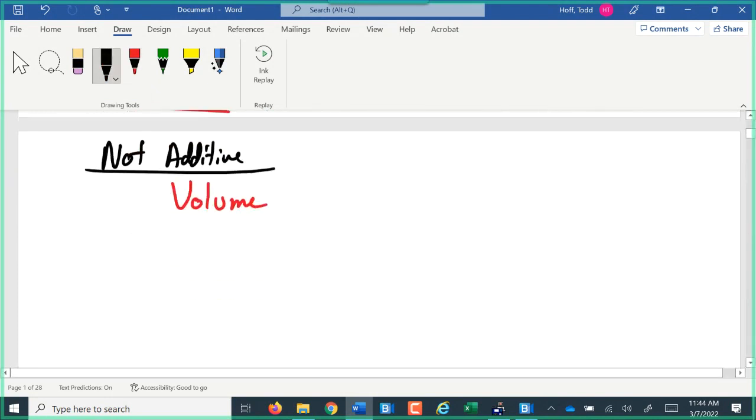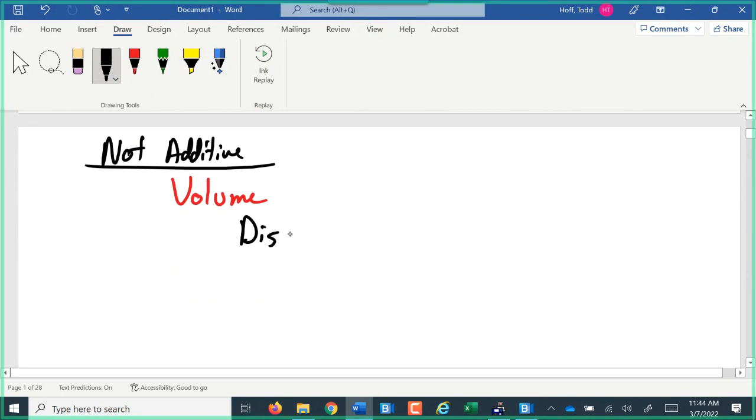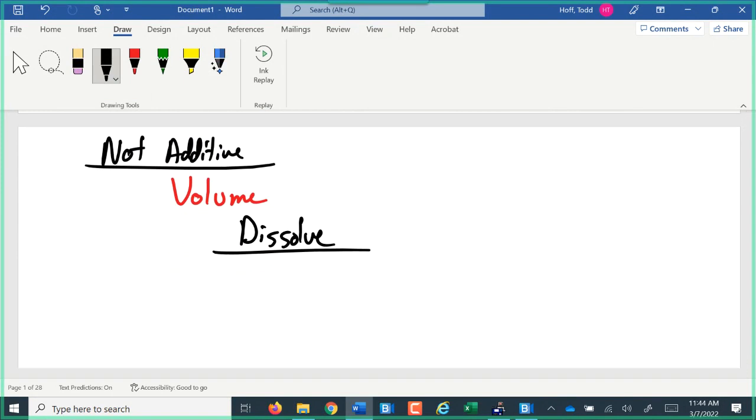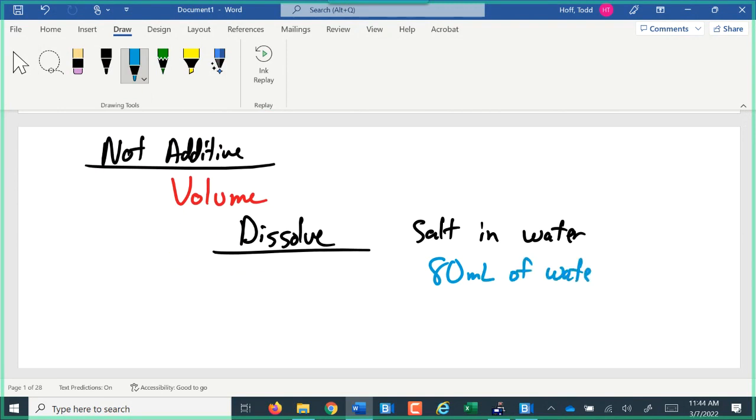We look at dissolving something. Let's do salt and water. If I have 80 milliliters of water and add to it 5 milliliters of salt, you would expect the resulting volume to be 85 milliliters.